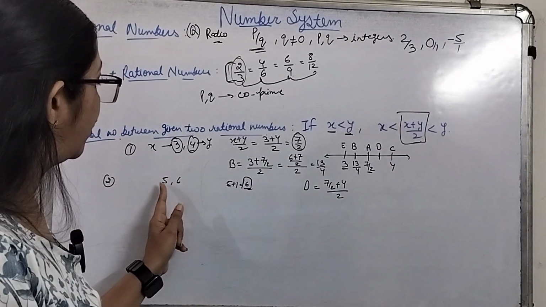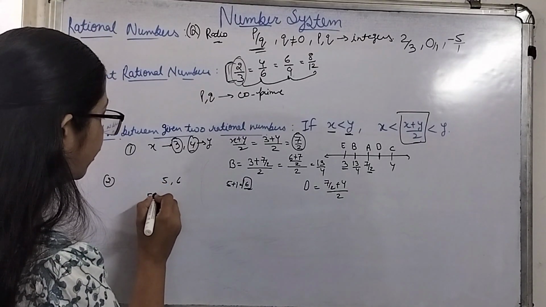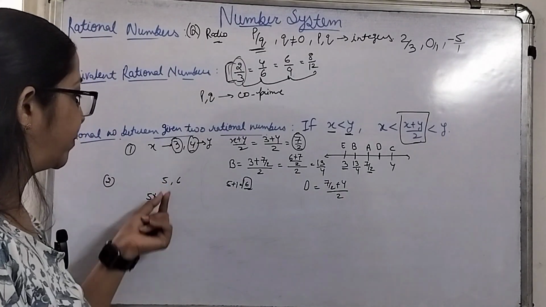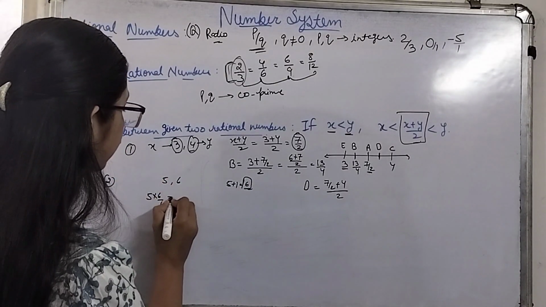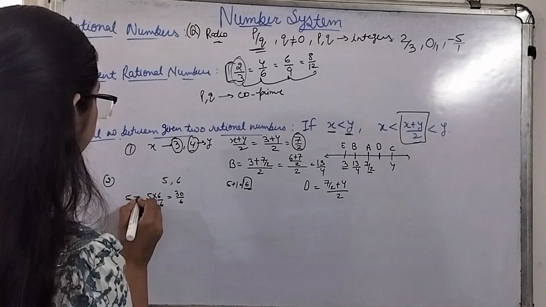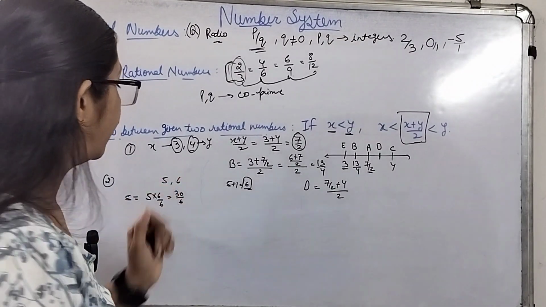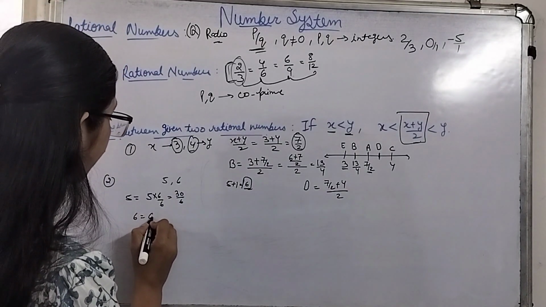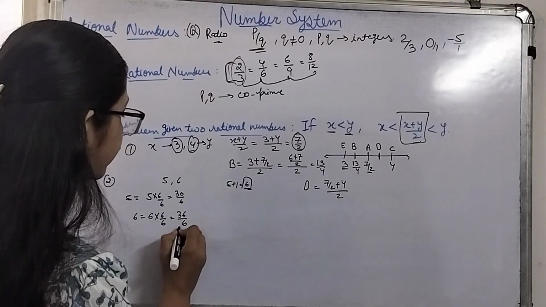Now for getting a denominator of 6, we can multiply and divide by 6, giving equivalent rational numbers. 5 could be written as 5 multiplied by 6 over 6, that is 30 over 6. Similarly, 6 could be written as 6 multiplied by 6 over 6, that is 36 over 6.